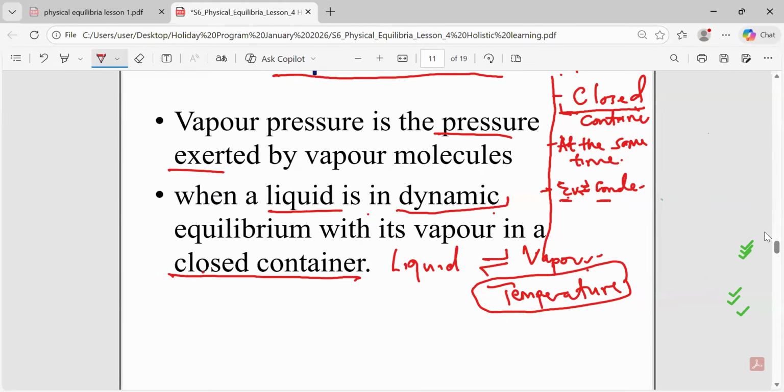That's why we have seen even for temperature, if the temperature is high, it is going to increase the kinetic energy of the particles, which means the rate at which the vapor is forming becomes higher. So the more it forms this vapor, the more our vapor pressure increases. So the higher the temperature, the higher the vapor pressure. So that is how we have been able to explain that too.